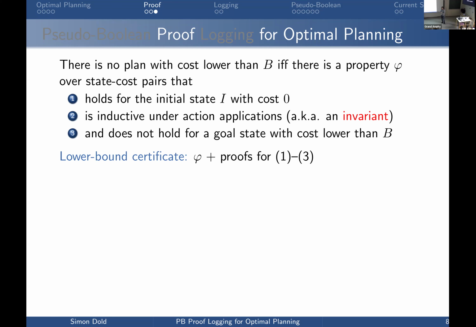It is a property that holds for the initial state, and whatever action I apply, I'm still having this property. So it's an invariant, or it's inductive. And the third point is that no goal state with cost lower than B has this property.